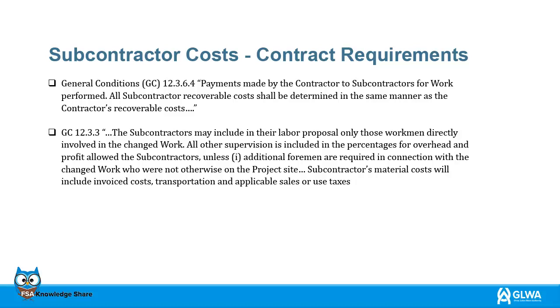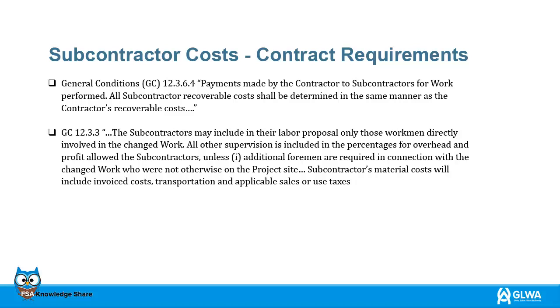GC 12.3.3. The subcontractors may include in their labor proposal only those workmen directly involved in the changed work. All other supervision is included in the percentages for overhead and profit allowed the subcontractors, unless additional foremen are required in connection with the changed work who were not otherwise on the project site.